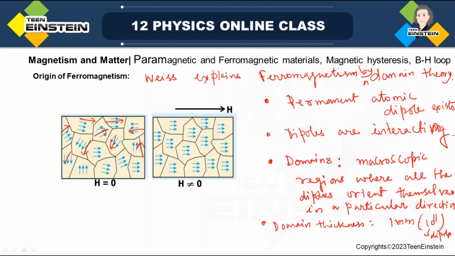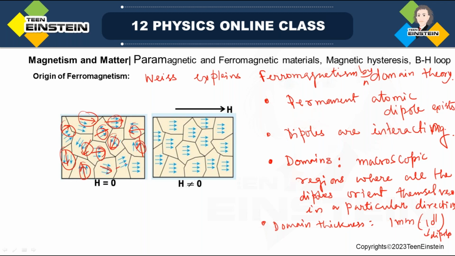Even though in a single domain magnetic dipoles are orienting themselves in a particular direction to give a net dipole moment, overall the net dipole moments of each domain are randomly oriented due to thermal agitation.